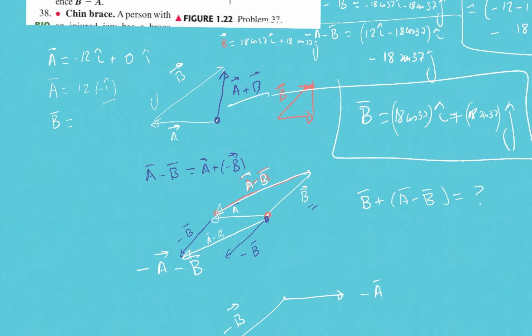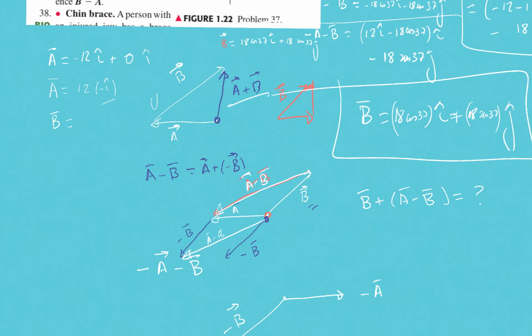So let's go to practice A minus B. A minus B is A plus minus B. So there are two ways of doing A minus B. The first way is you place A, you place B. Now when you are going to do the difference, the tails of the two vectors have to be common. So A minus B is the vector that goes from the head of B to the head of A.